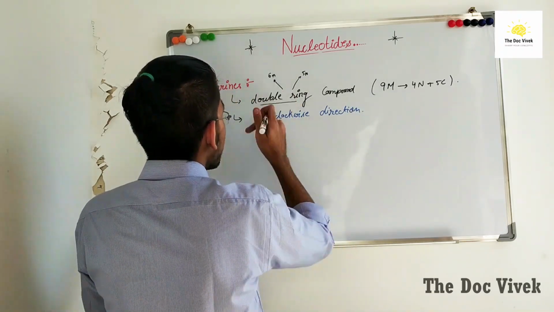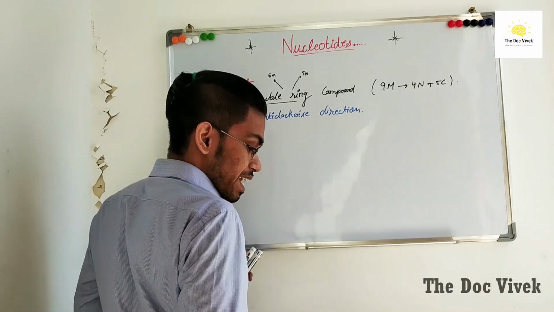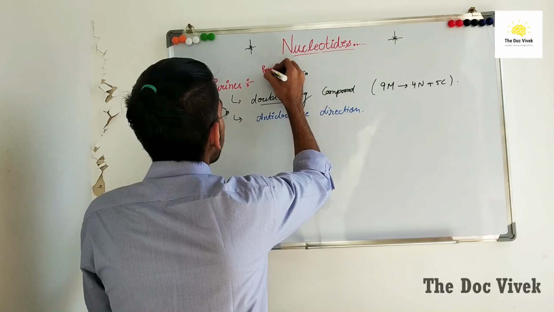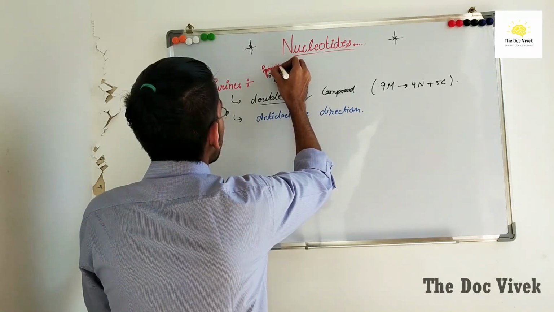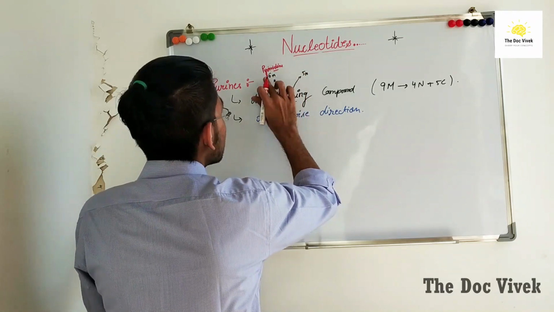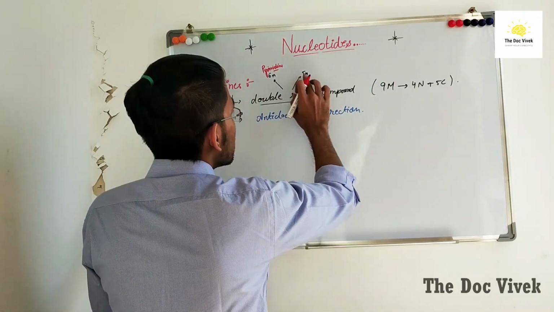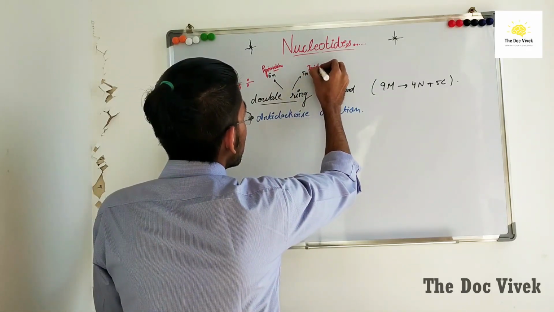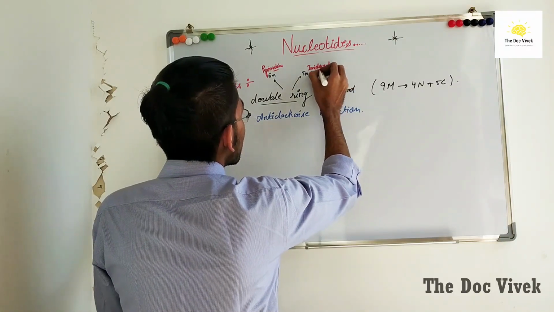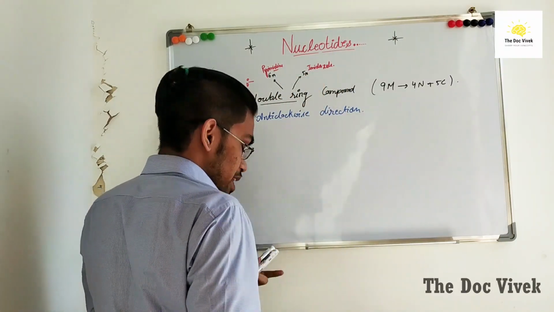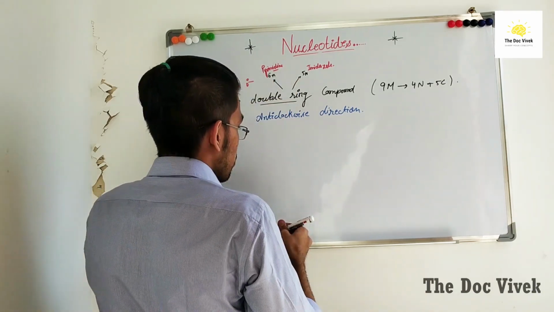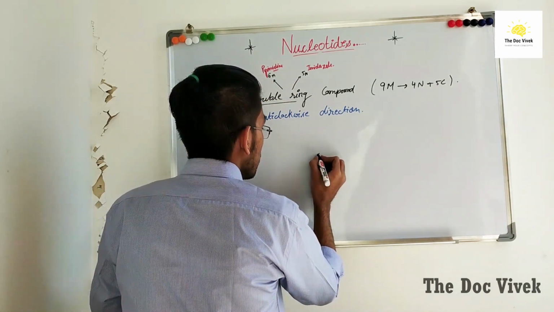The 6-membered ring is known as the pyrimidine ring, because this ring is very similar to pyrimidines, and the 5-membered ring is known as the imidazole ring. These are the names of the rings. So let's try to draw these rings. One is 6-membered and one is 5-membered.